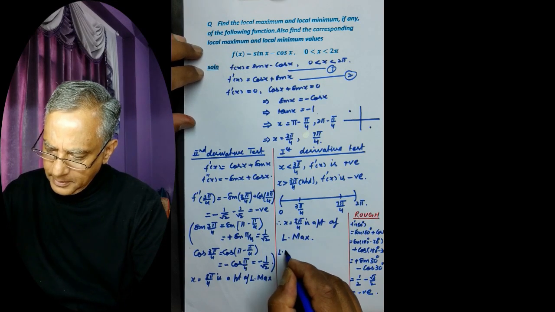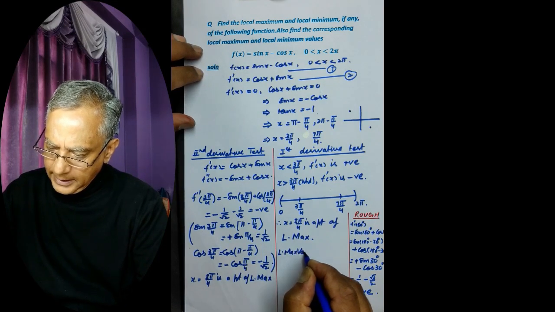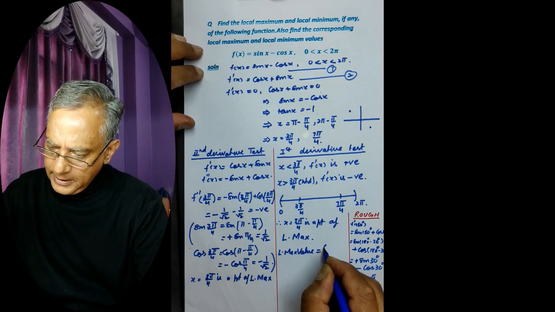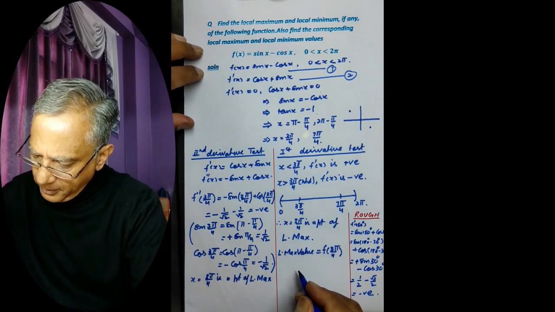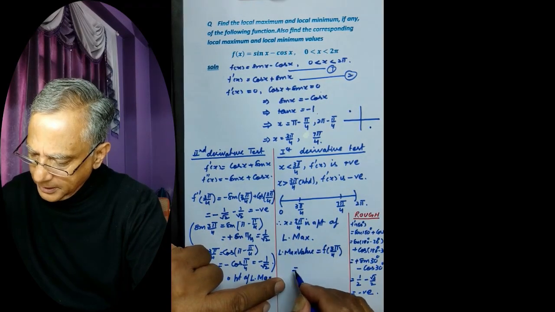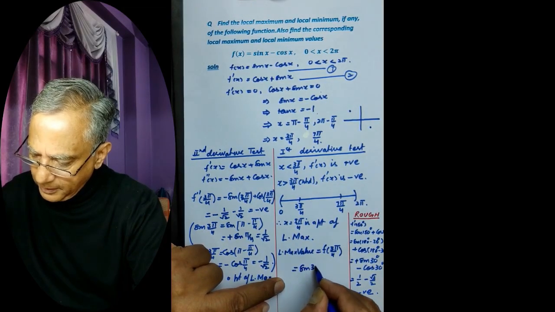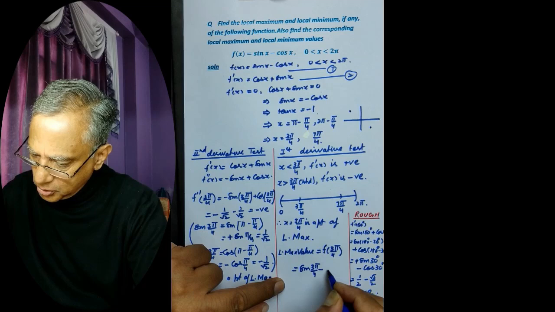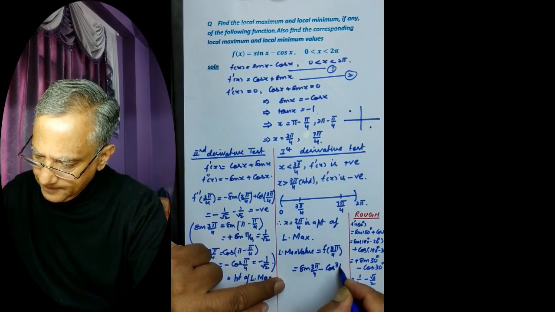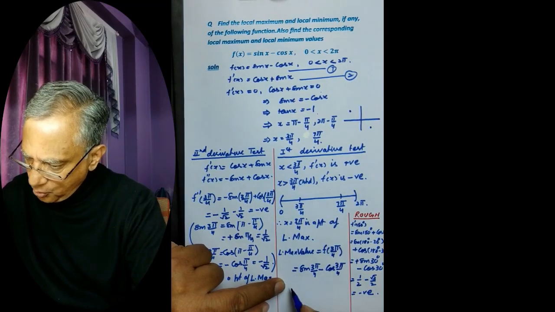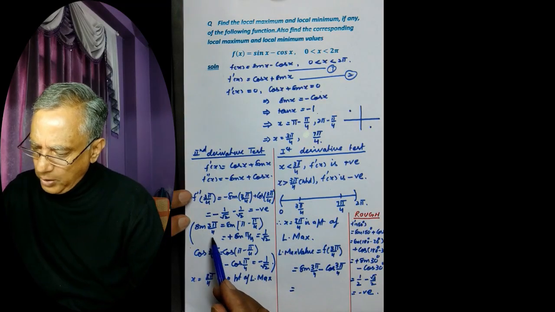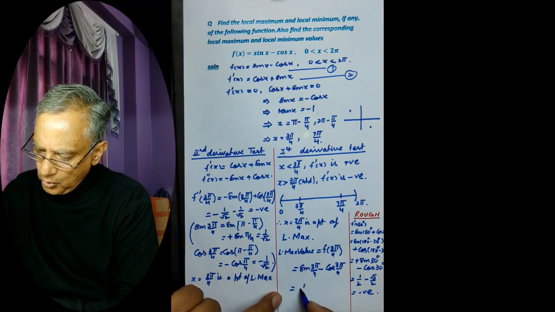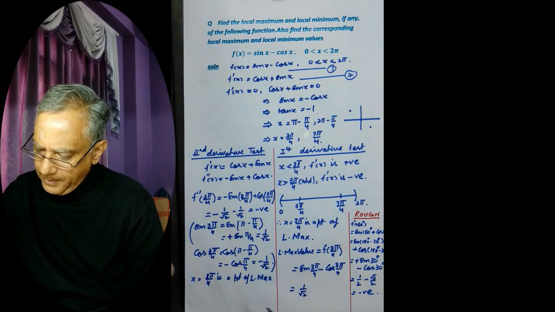And local maximum value at this point is f of 3 pi by 4. And f of 3 pi by 4 is equal to sine of 3 pi by 4 minus cos of 3 pi by 4. Now we have already found sine of 3 pi by 4 is 1 by root 2.